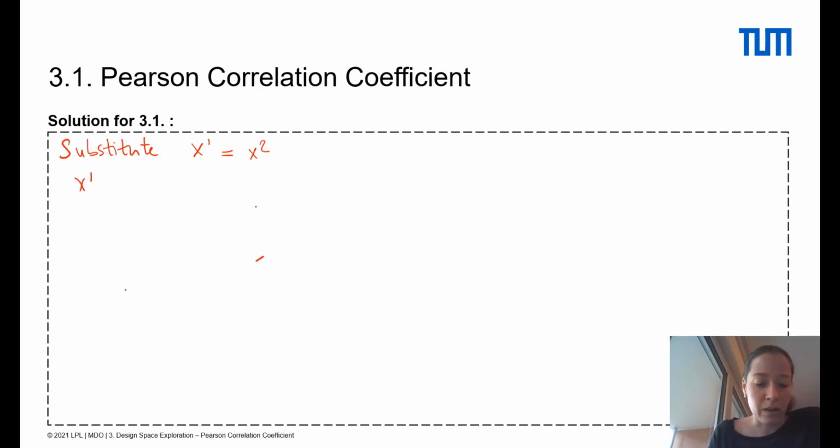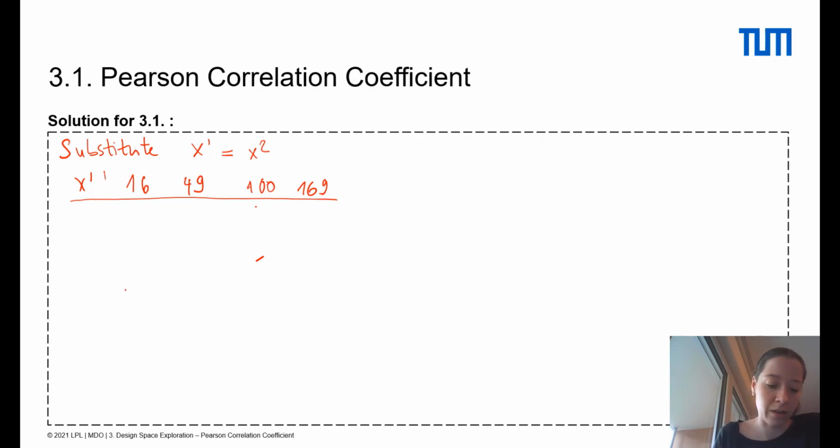So for x prime, we just take the squares of 4, of 7, of 10, and of 13, and the y values stay the same: 20, 50, and 253.5.